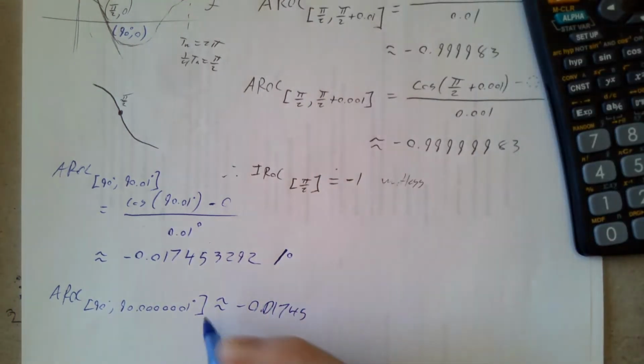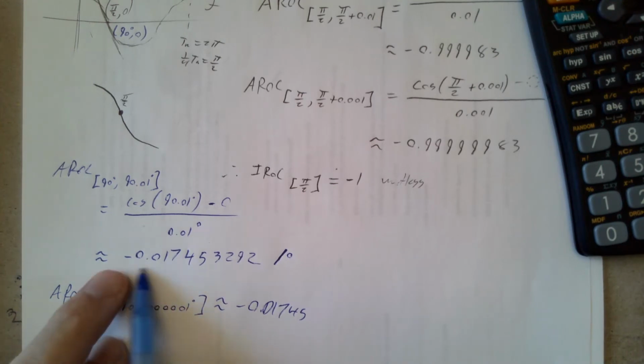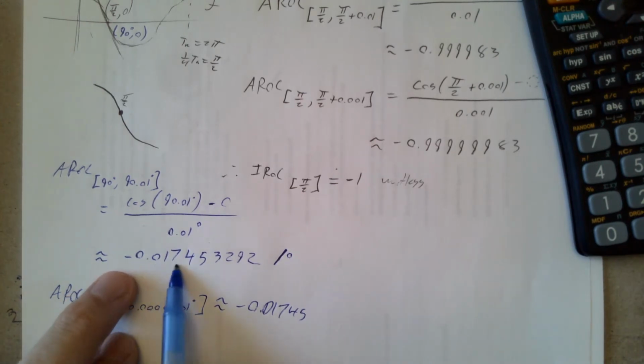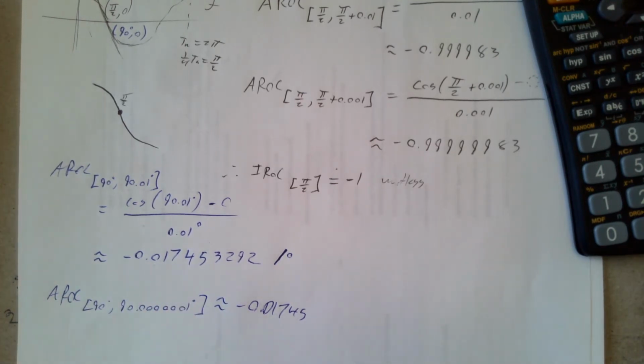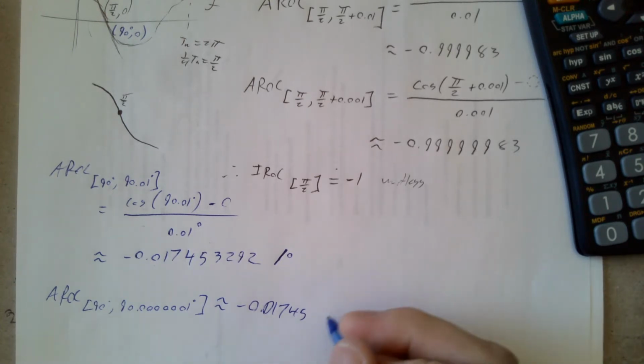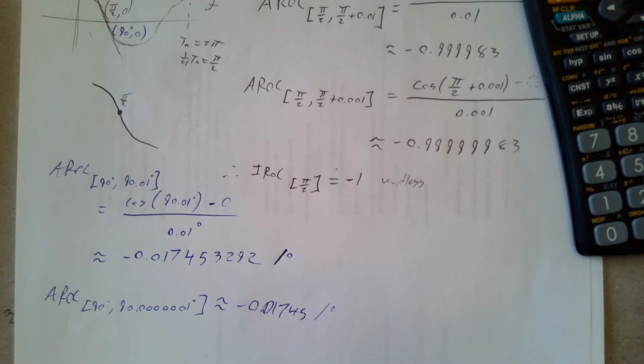So yeah, I could approximate that my instantaneous rate of change is converging to this number, -0.01745, but what's the significance of that number? And its units are goofy too, so radian mode's the way to go if you're doing rates of change. You're going to have to in calculus.